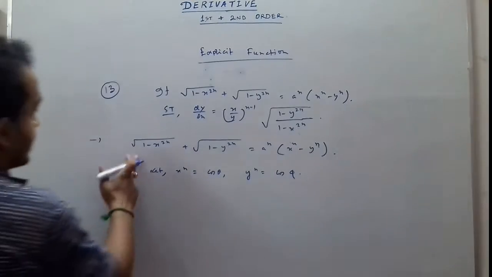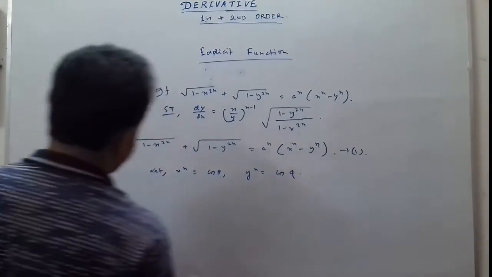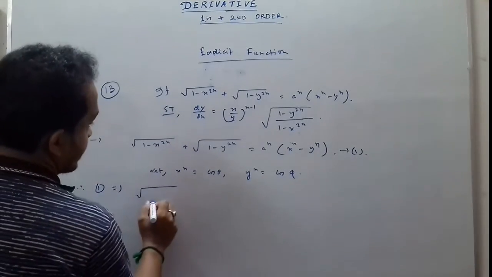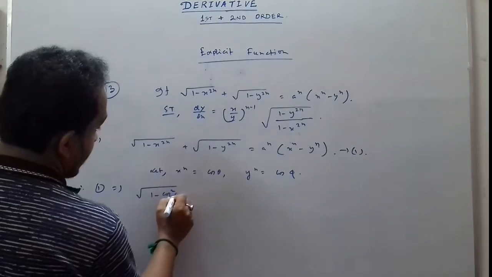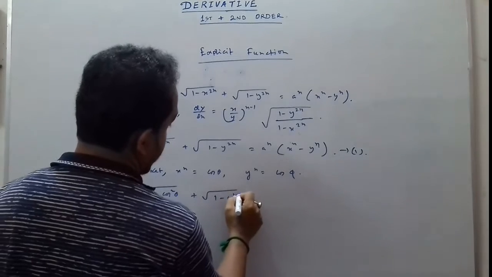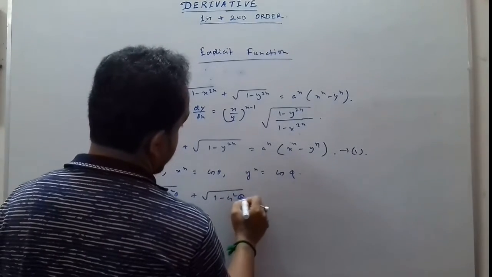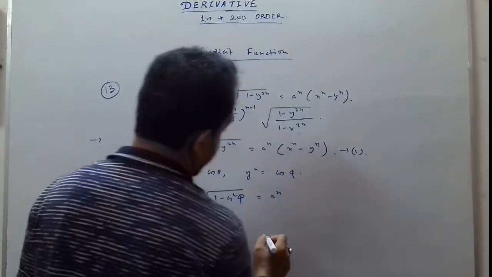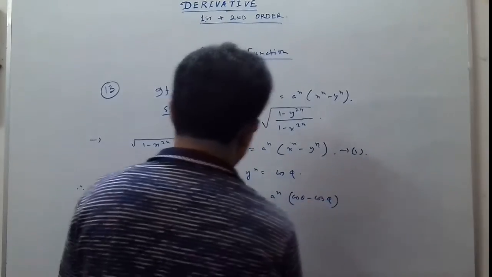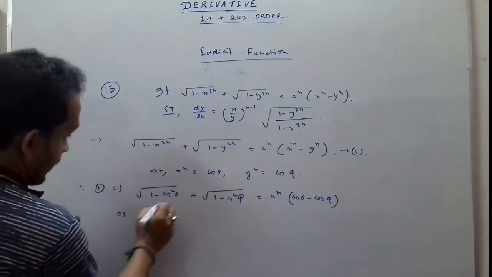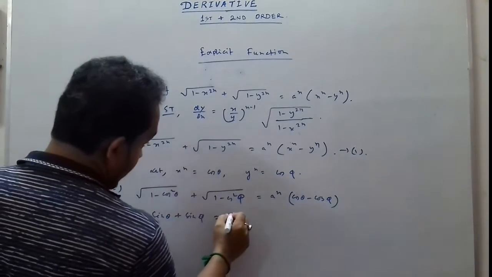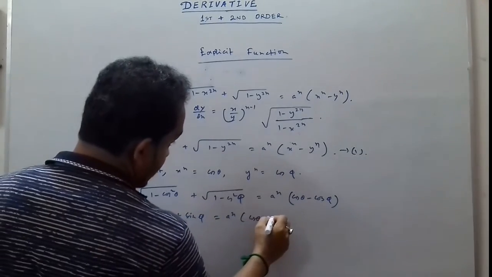Then from the given equation number 1, 1 reduces to square root of 1 minus cos square theta plus square root of 1 minus cos square phi is equal to a power n into cos theta minus cos phi. So here we find sin theta plus sin phi is equal to a power n into cos theta minus cos phi.